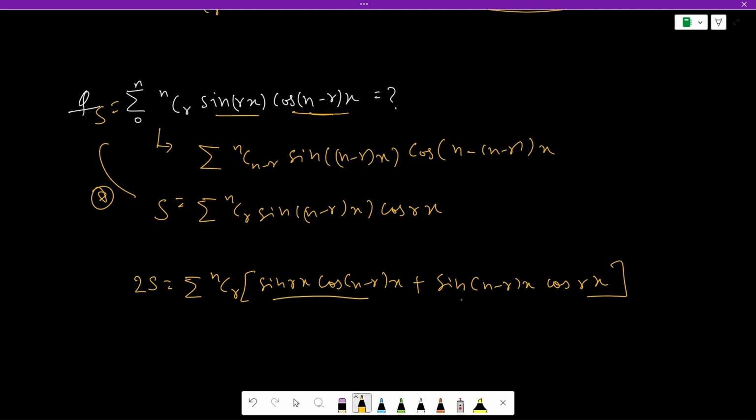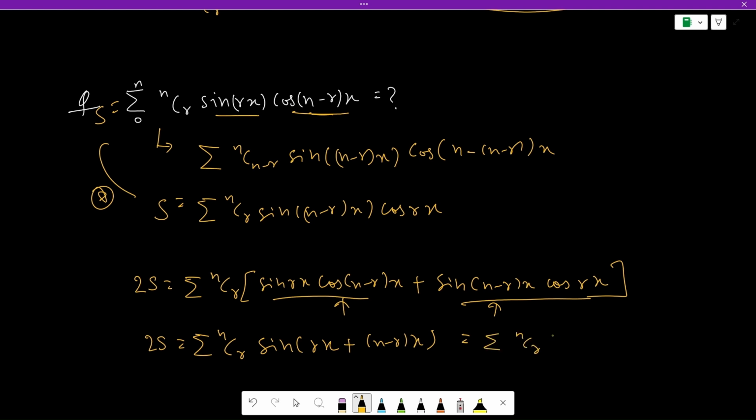Now I hope you can observe this is the summation formula in trigonometry, and 2S equals summation nCr sine of rx plus n minus rx, and this is equal to summation nCr sine nx.